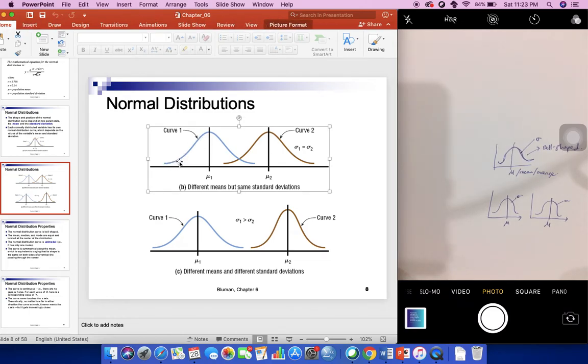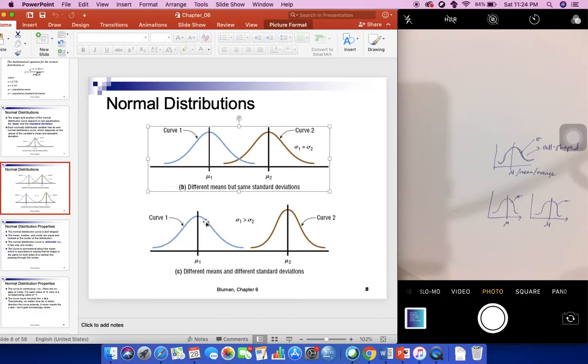You can see that the blue curve and the brown curve are symmetrical. Then we also see different means and different standard deviations.